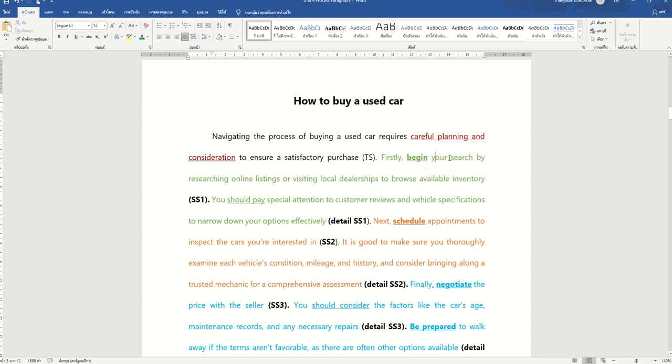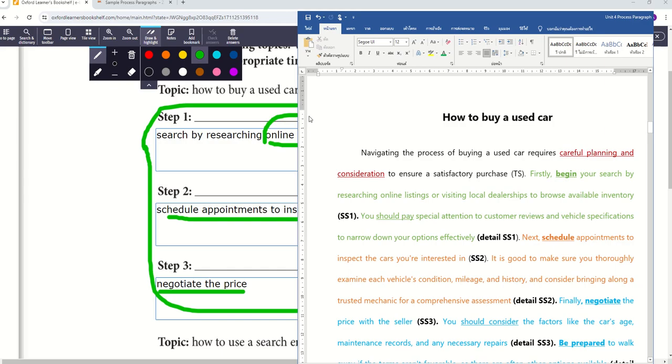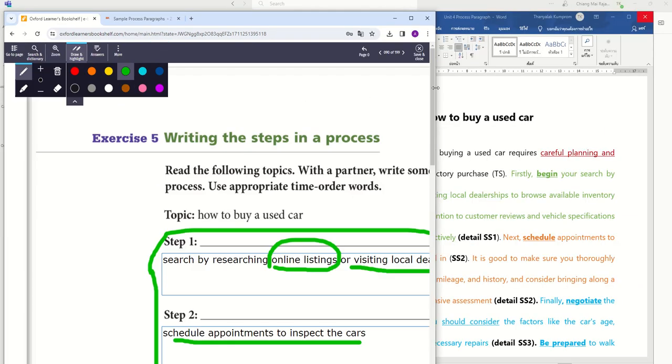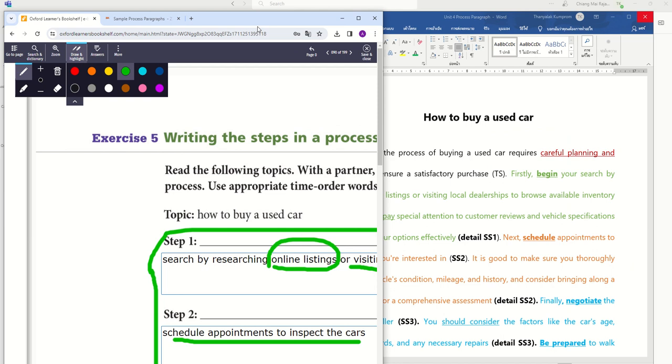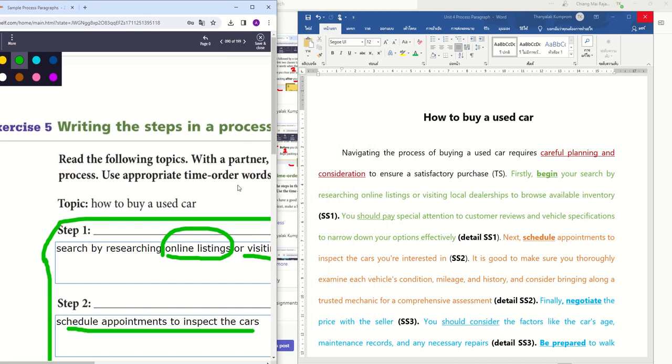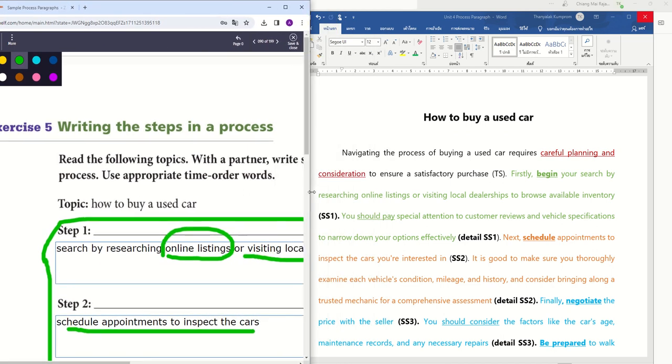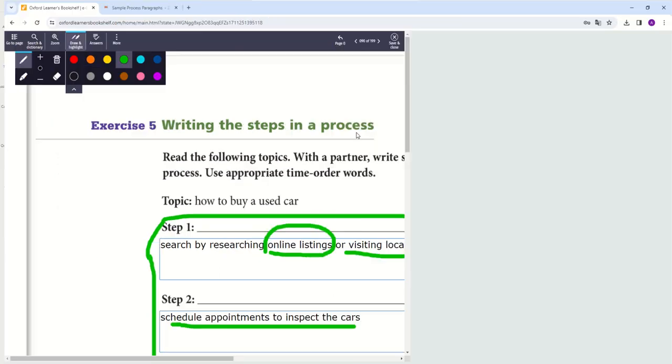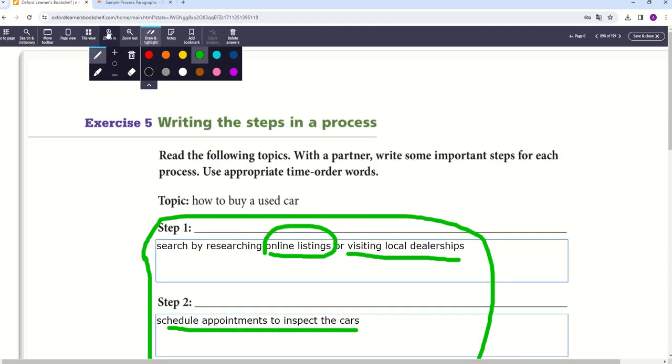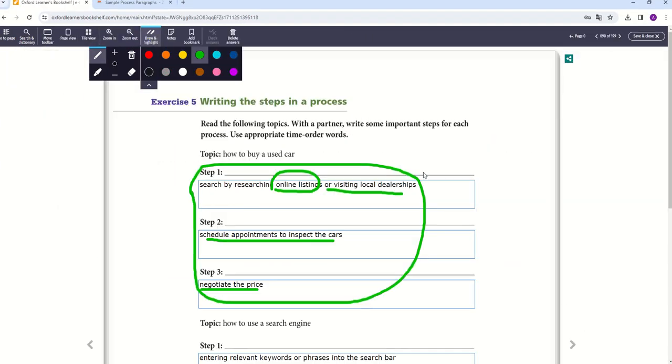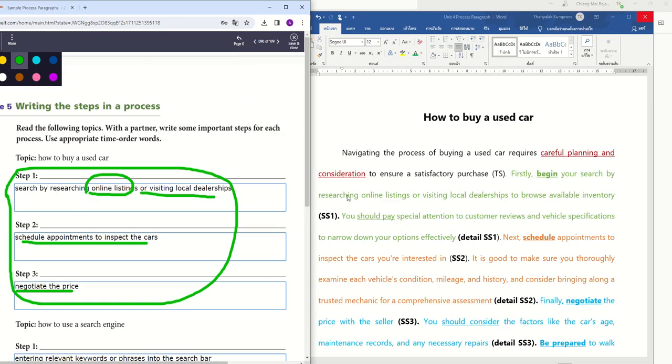Begin your search by researching online listings or visiting local dealerships to browse available inventory. So this one is from the first step. I show you step 1 from the book, and then step 1 that I made in the paragraph.